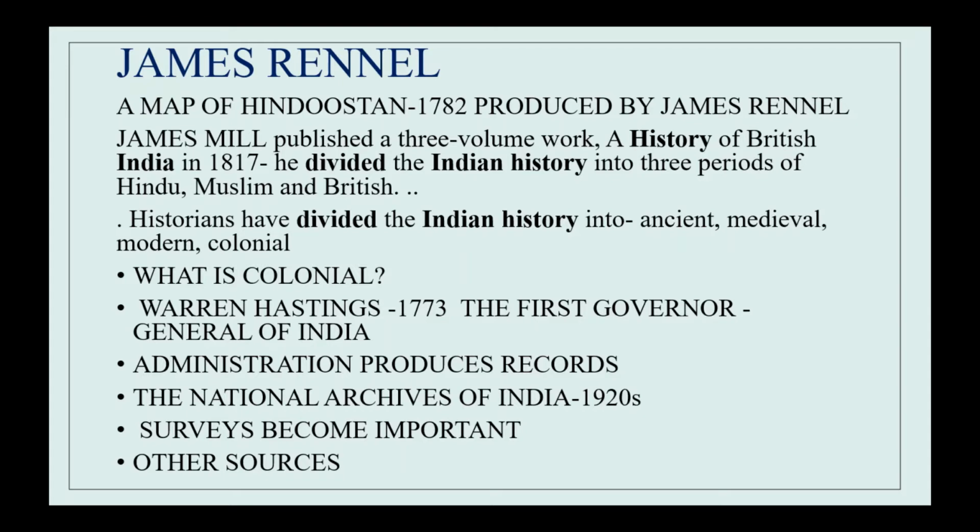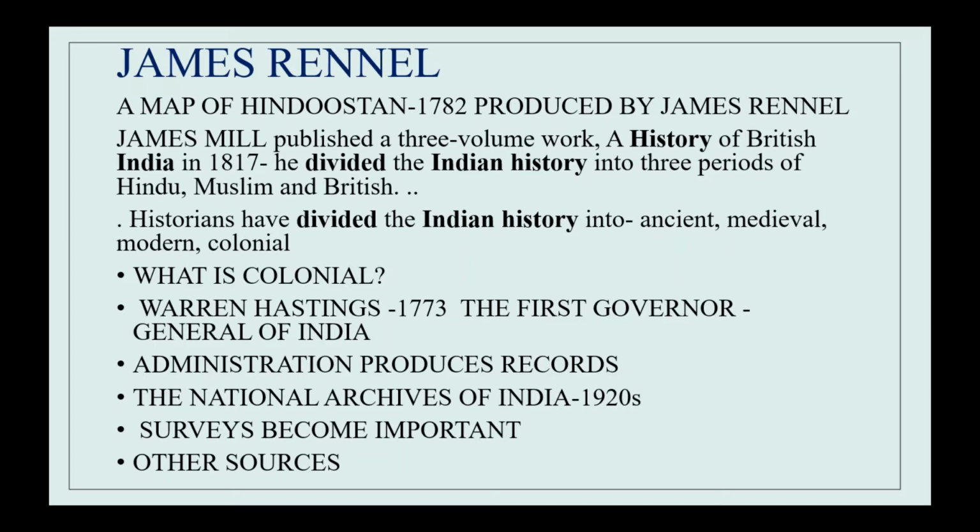What are they? Hindu, Muslim and British. But generally, historians have divided the Indian history into ancient, medieval, modern and colonial. Okay, what is colonial? Colonial refers to the British rule.